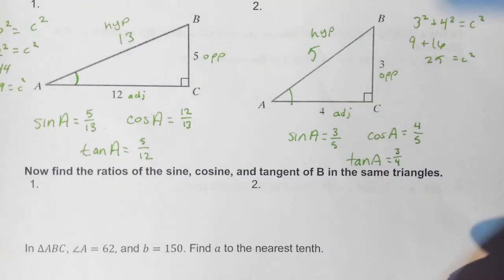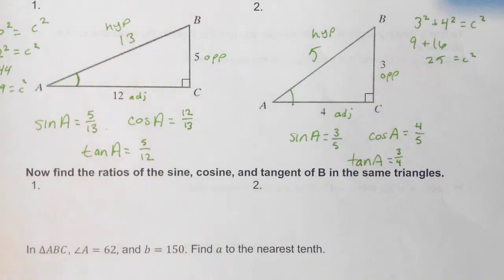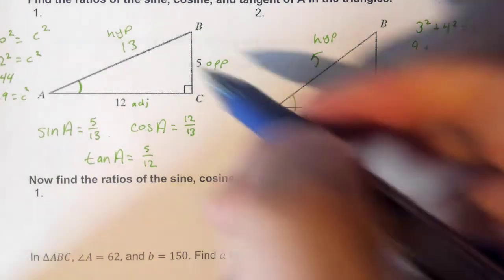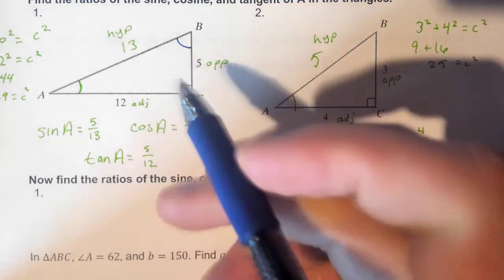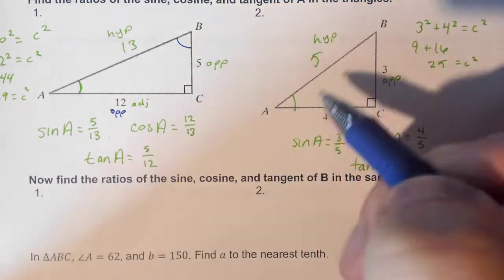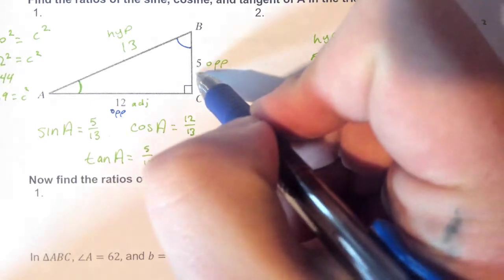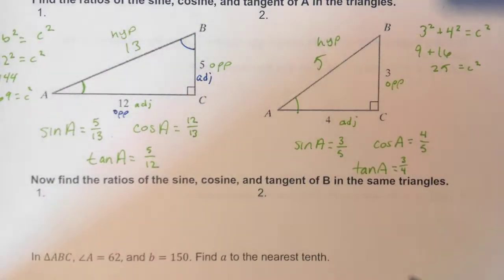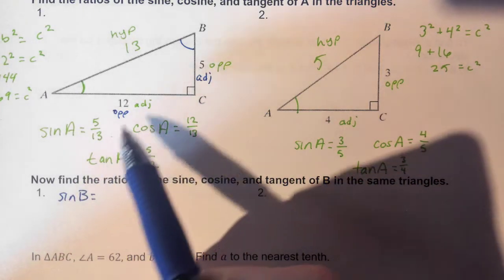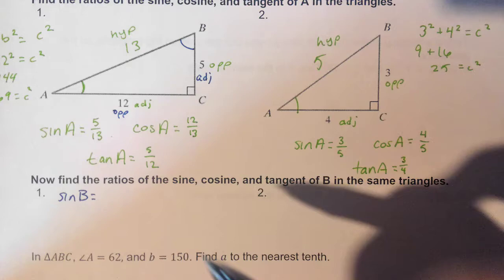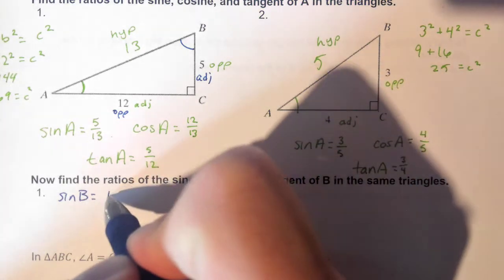Okay, down here we're finding the same ratios, just a little more practice with that. This time we're going to go off angle B. So if I'm looking at number 1, angle B, now 12 would be the opposite side, and 5 would be the adjacent side. The hypotenuse is still 13. So the sine of B, sine is SOH, opposite over hypotenuse, so it's going to be 12 over 13.